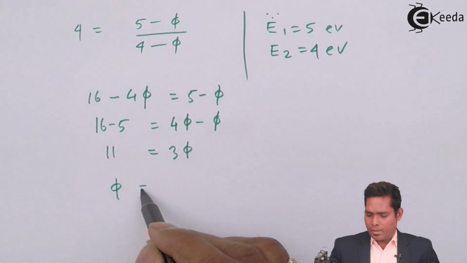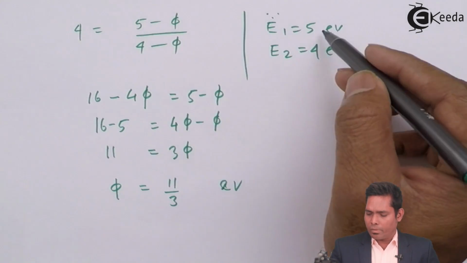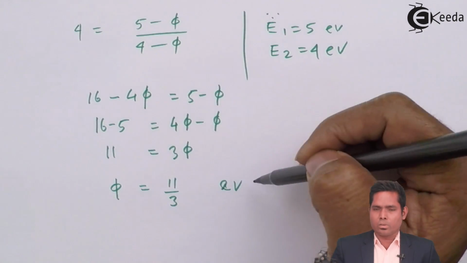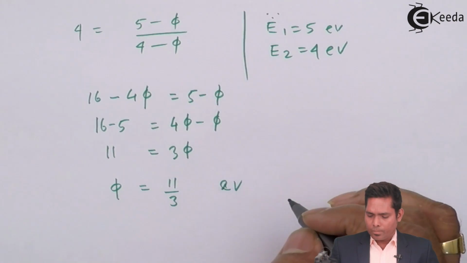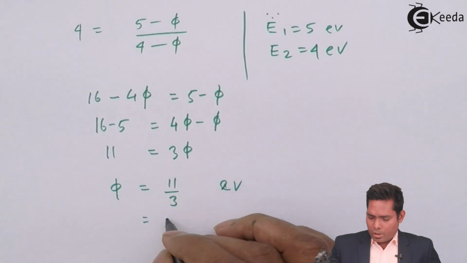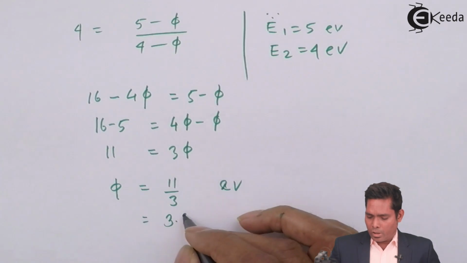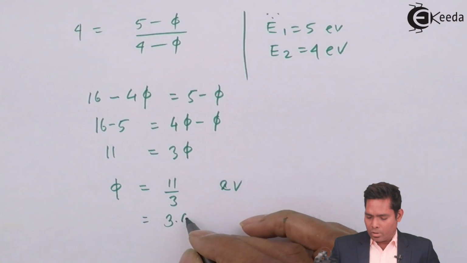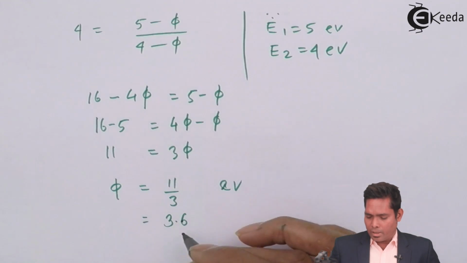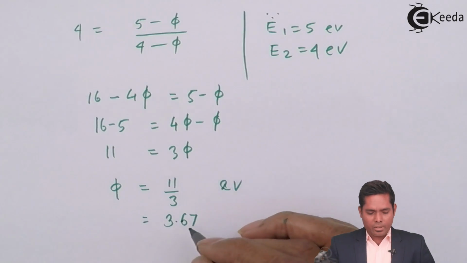So phi will be 11 upon 3 electron volt, because this was always in electron volt, so the answer will also be in electron volt. 11 upon 3 is 3.67, something like that.